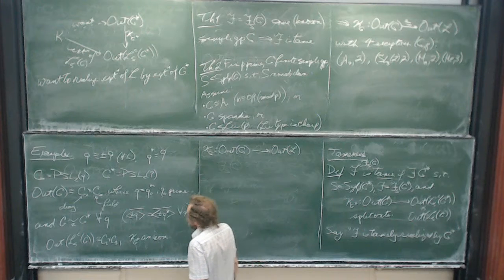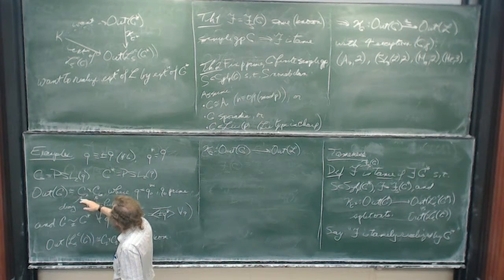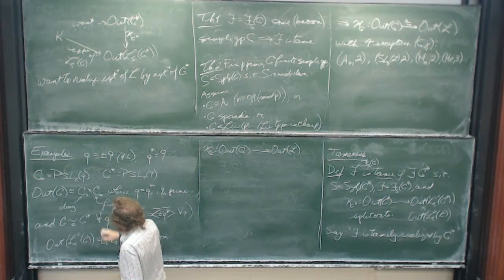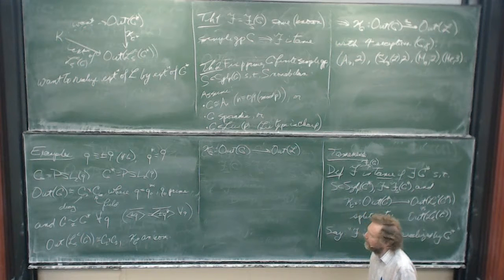Because in the special case when q equals q star, when q equals 9, then m equals 2, obviously, and so we have the field automorphism of order 2.